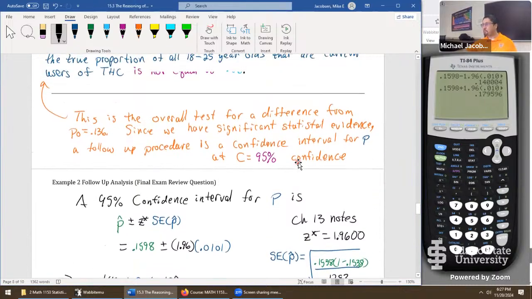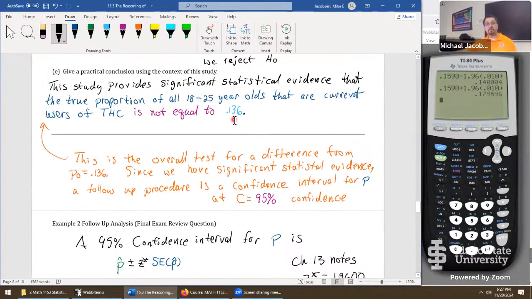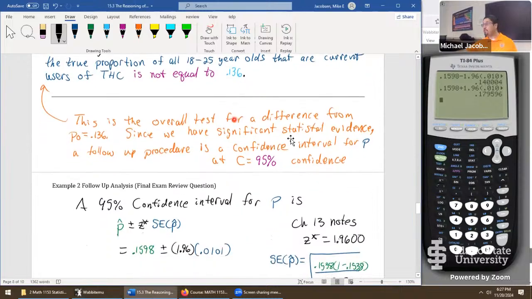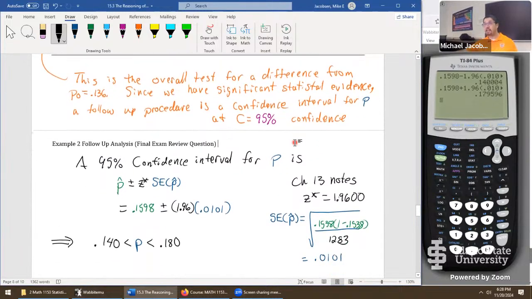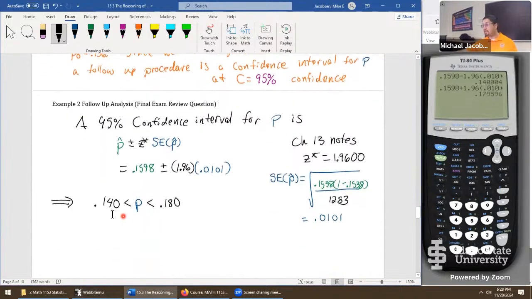Okay, so double checking one more time. Hypothesized value is 0.136. We have significant statistical evidence that our parameter is different. More specifically, this is a confidence interval.